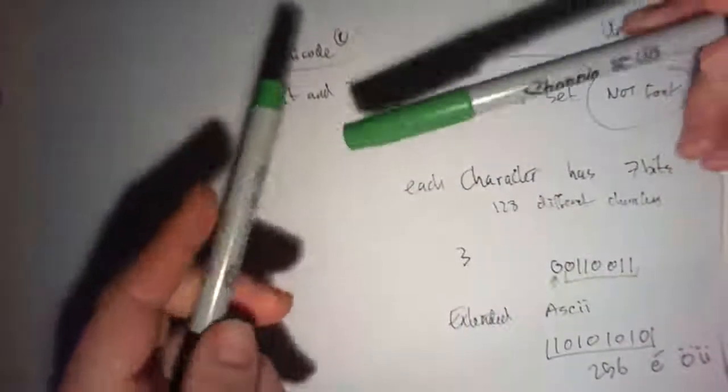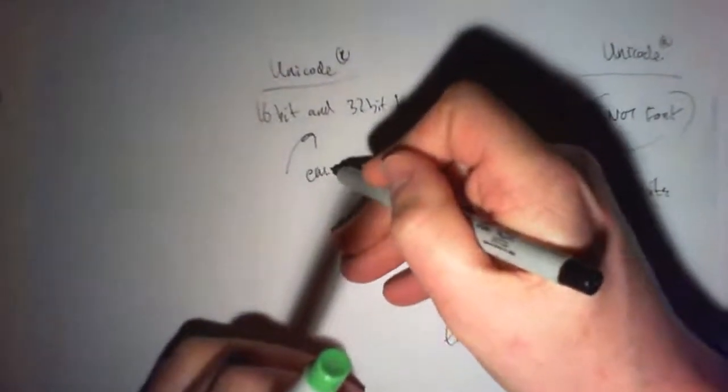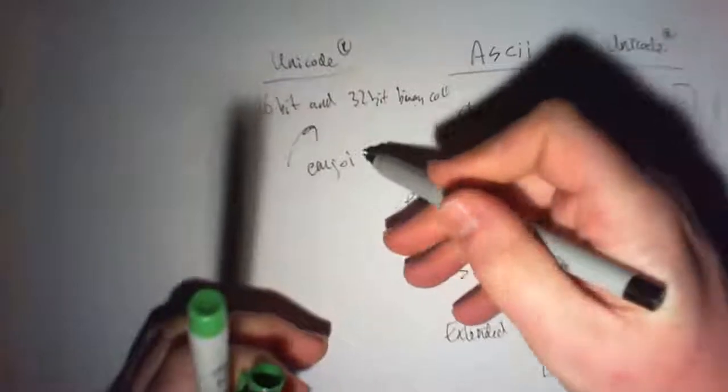So you can see why there's that certain difference between the two of them. Remember, Unicode will also include all the emojis and all the other weird little things you can do.